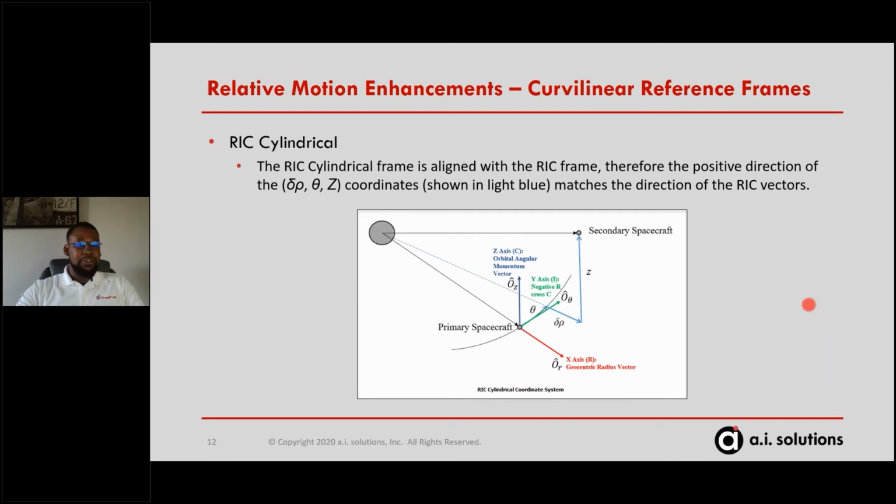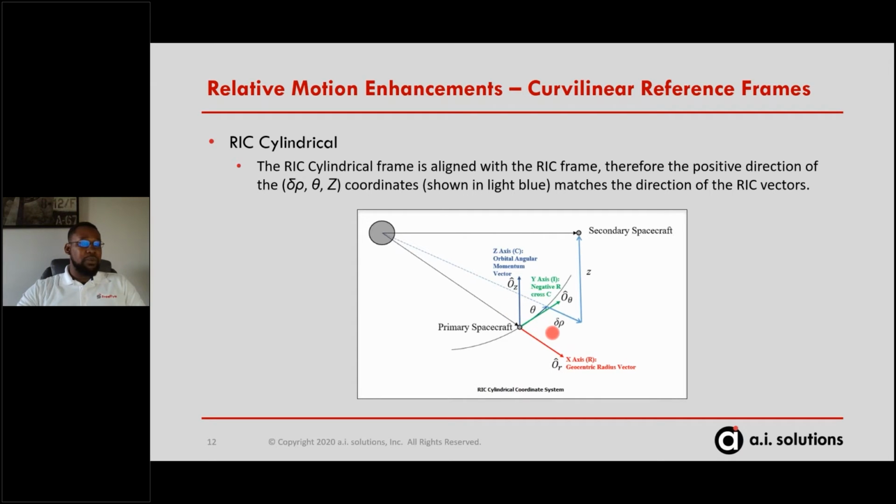Therefore, we have our positive direction of the delta rho, the theta, and the z, all matching the direction of our RIC vectors, which we can see in our image here, where our x-axis is our r vector, or the radial. The y-axis is our NTrack, which is the negative of the r and c crossed. And then our z-axis is our c, or cross-track axis.